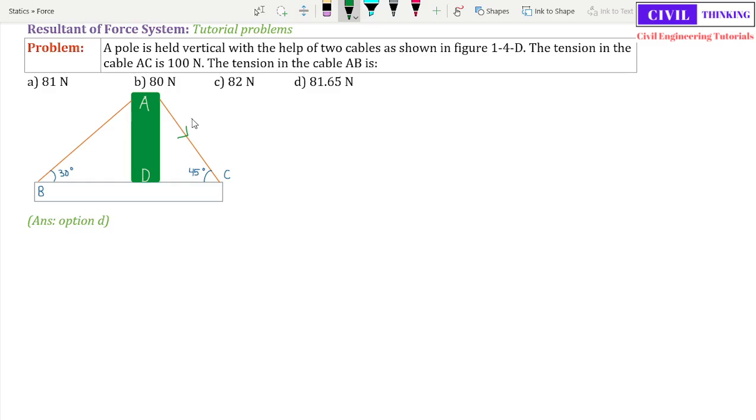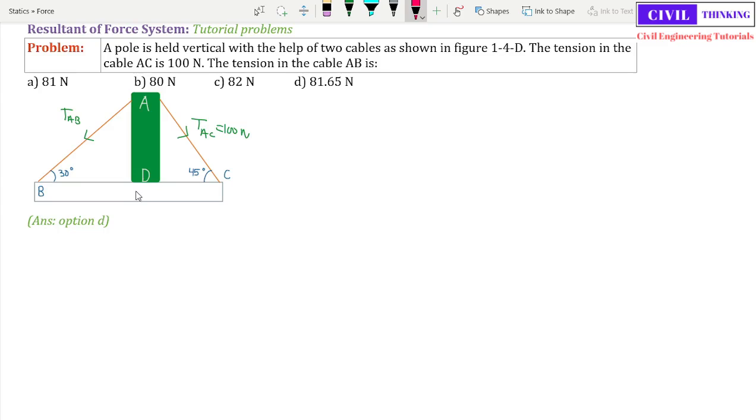Let me denote the tension with T. TAC is 100 Newton. We have to find the tension in the cable AB. Now for static equilibrium, this pole will be held vertical only when the net force on it is balanced.